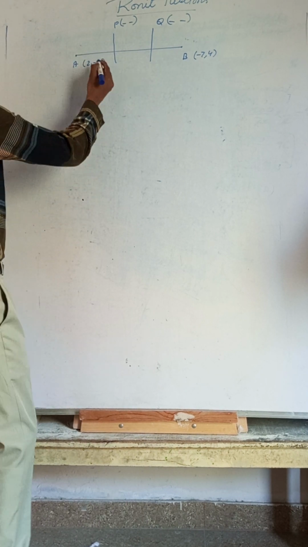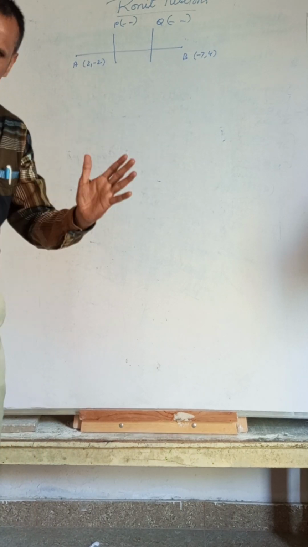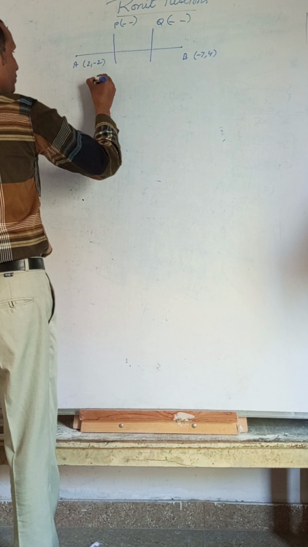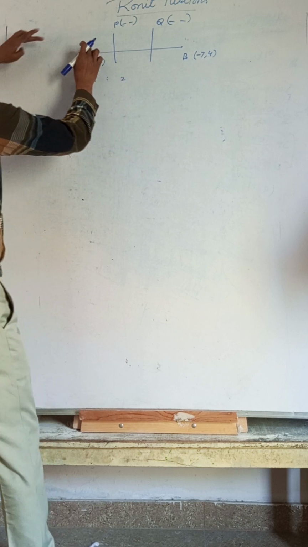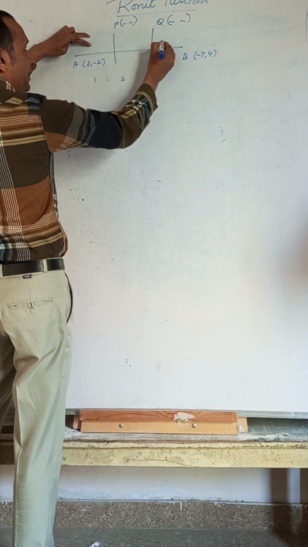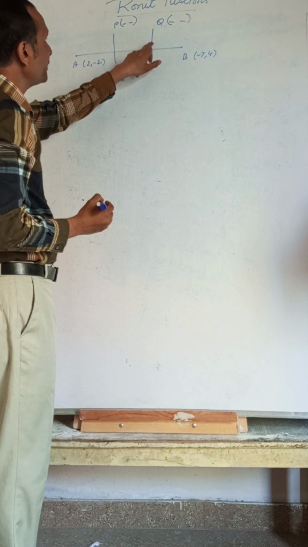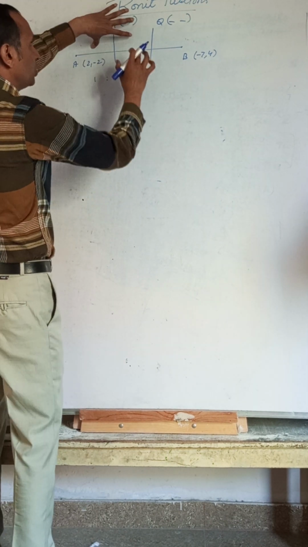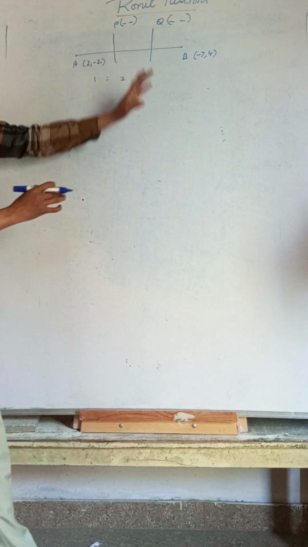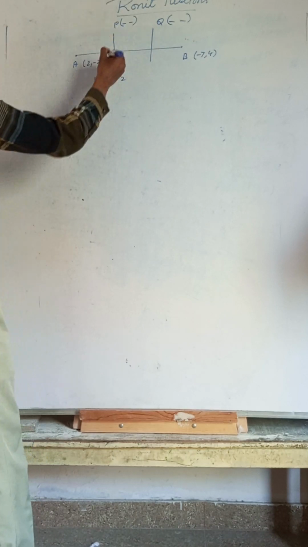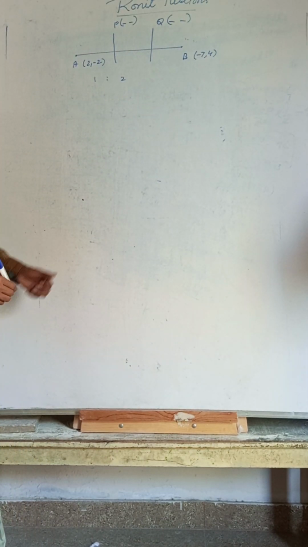Let the total line be 3 parts. This side is 1 part, and the remaining is 2 parts, so the ratio is 1:2. If you take the other point, it divides the line 2:1. For finding P, we use the section formula.